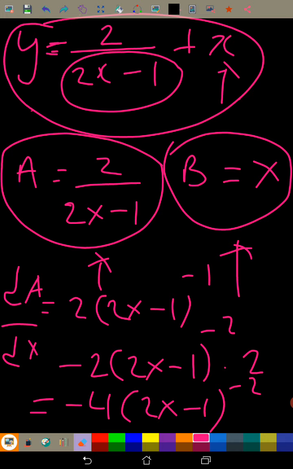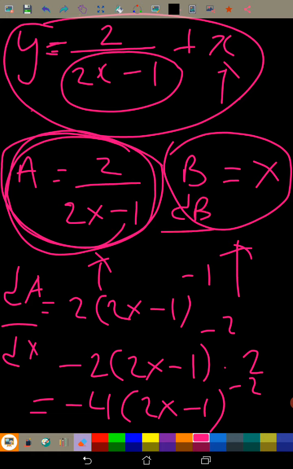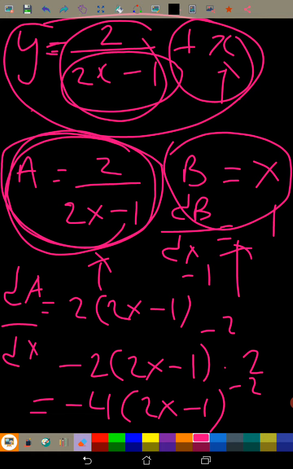That's exactly what we got there. I have just differentiated this. It's not that difficult. If we differentiate dB by dx, it's going to be 1. Since we have differentiated this and this, we can just add them, and a plus b is going to be y.